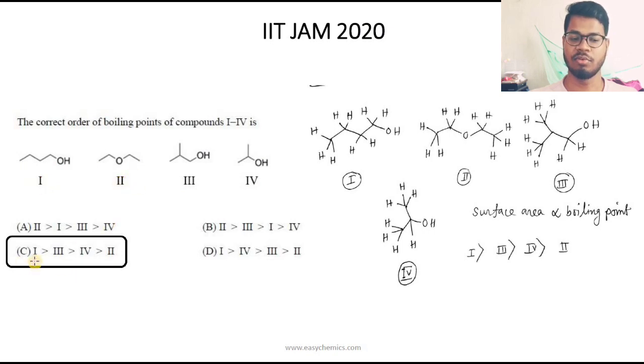So C, 1 has maximum, 2 lowest. Of course D is also possible, so then you have to look at 3 and 4. In between 3 and 4, 3 has more surface area, this is more linear, and this is less linear. That is surface area, 3 has more boiling point, then 4 has less boiling point. Okay, so option C will be correct.